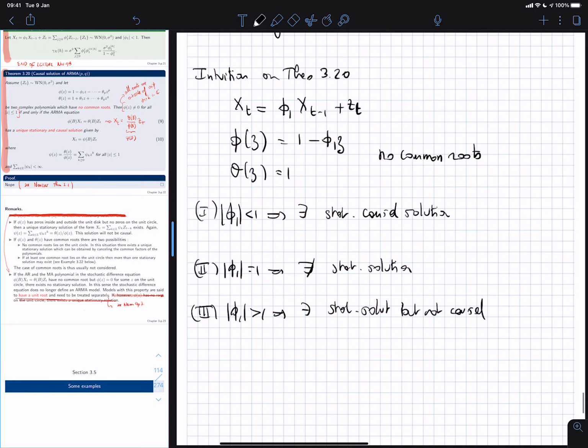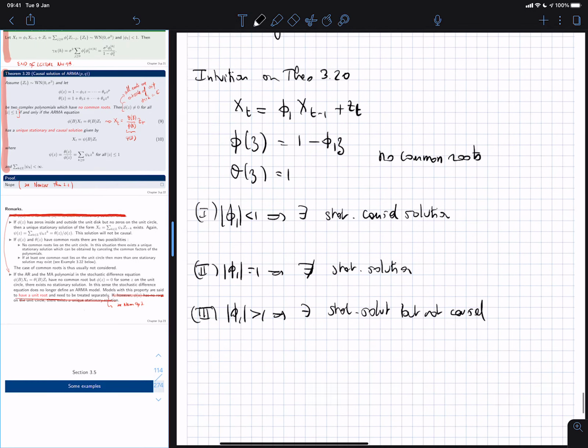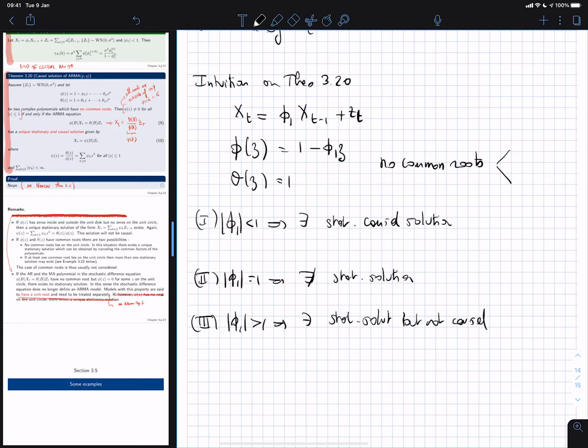Now this will obviously be implied by the theorem here. And how do we see that? Well, there are no common roots, so the roots of theta, there are none. It's the empty set. And the roots of this polynomial are what? It's the value of z for which this is equal to 0, which is 1 over phi1. So what do we need?